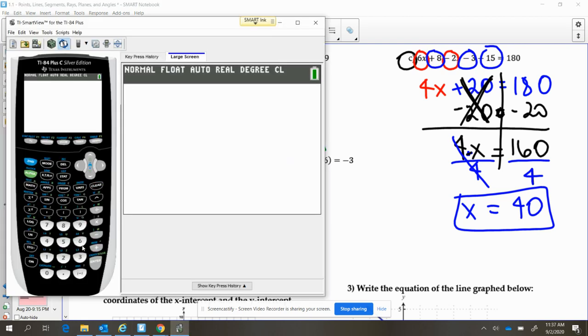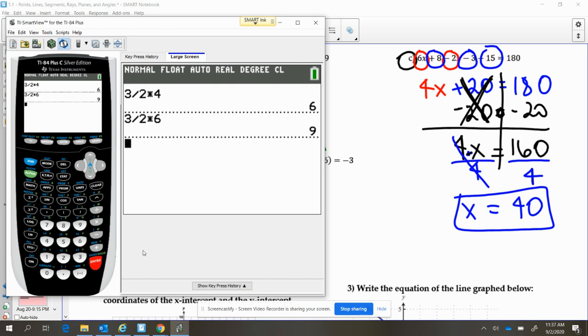Now, a reminder with your calculators, especially those of you who haven't used your graphing calculators in a while, to type a fraction in, like 3 halves, you're just going to do 3 divided by 2, because all a fraction is division, okay? And then we're going to multiply that by 4, so we would have 6x, and then multiply by 6 to distribute to the other piece, and we have 9.